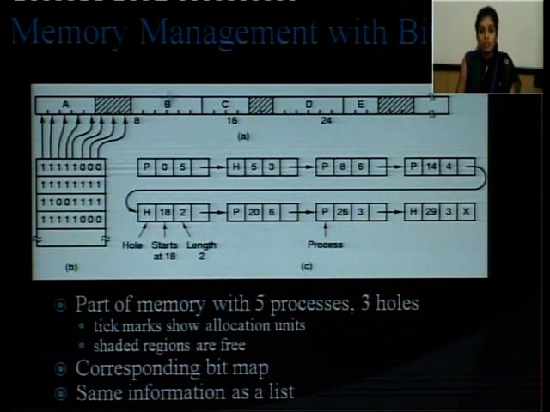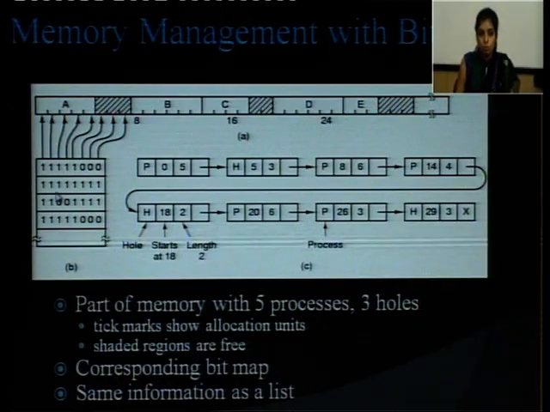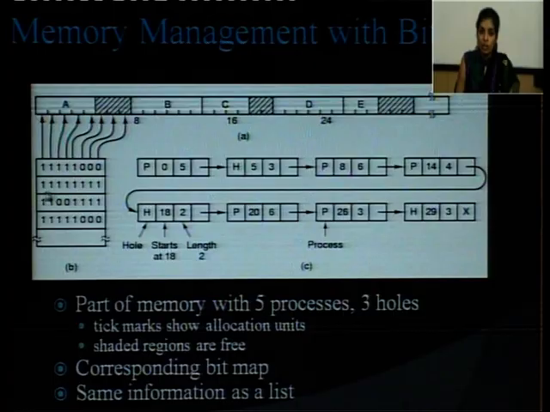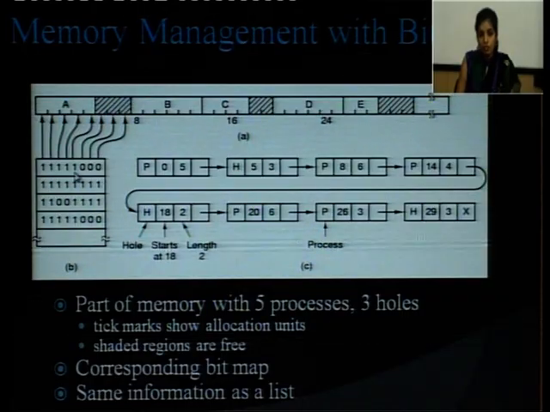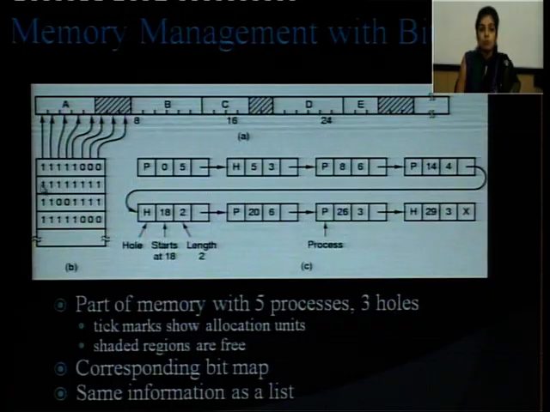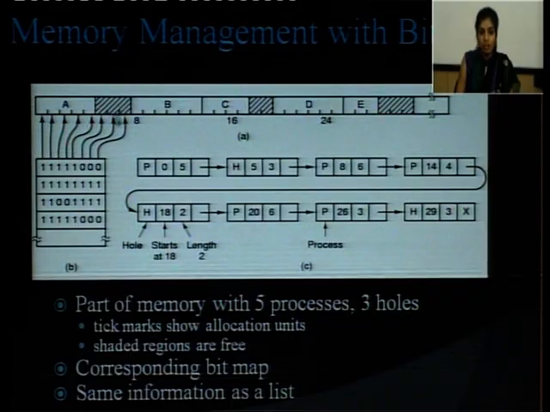So, memory management with the bitmap. According to our map, we have already managed our memory with a bitmap. Here we have a number of bits: 1 1 1 1 1 0 0. Where it is 0 0 0, that space is going to be unused, the shaded regions.